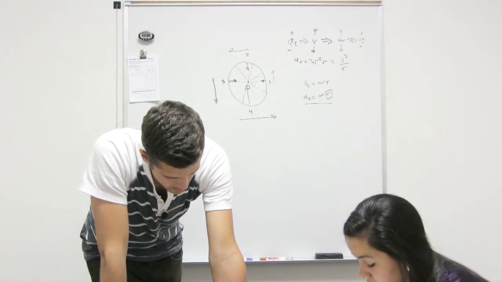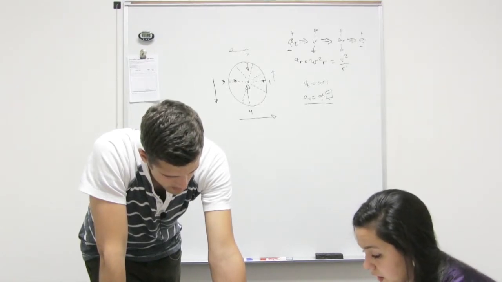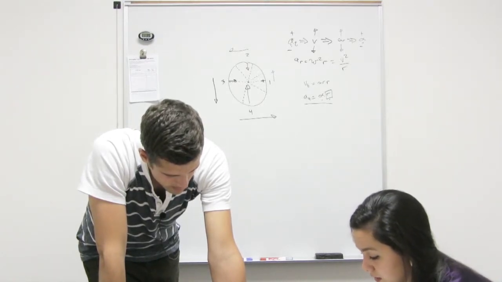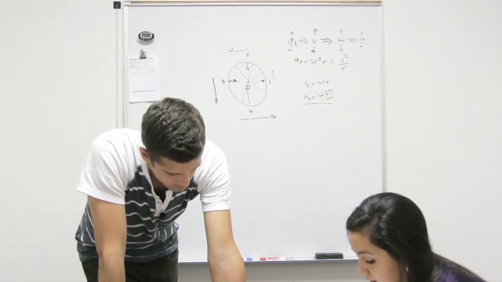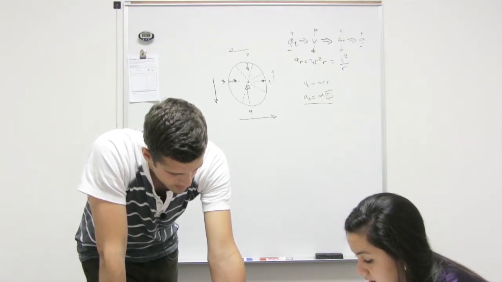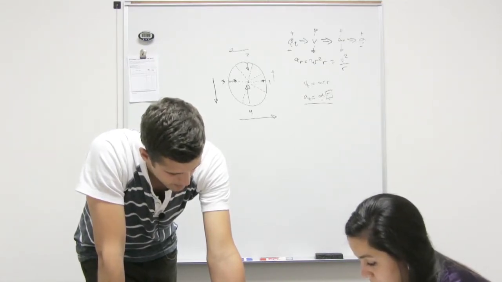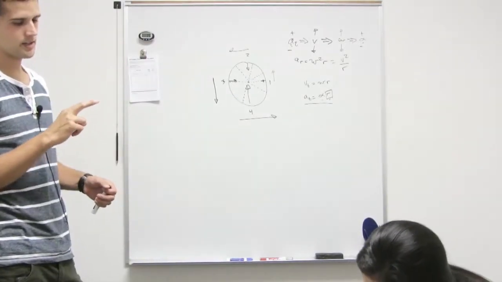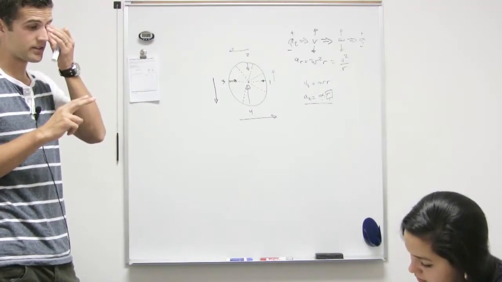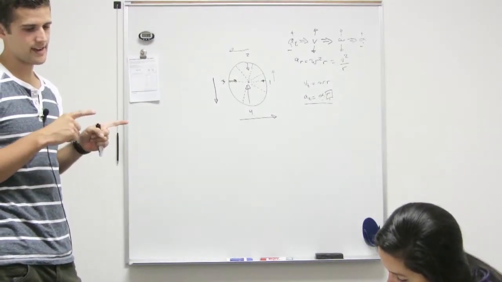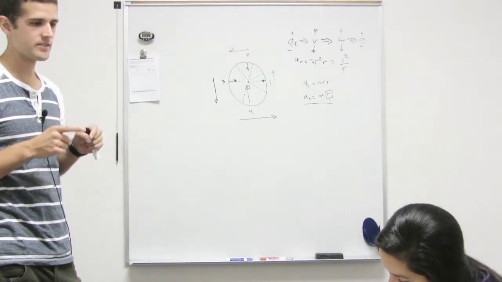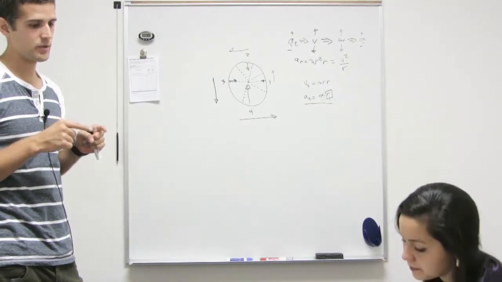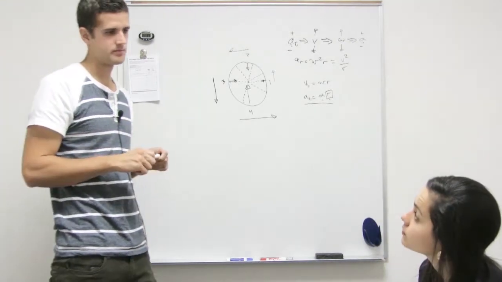And if it's not changing, that means the tangential acceleration is 0, and that the alpha would be 0 as well. So alpha and the tangential acceleration are directly related. If one's positive, the other has to be positive. If one's negative, the other has to be negative. If one is 0, the other has to be 0.